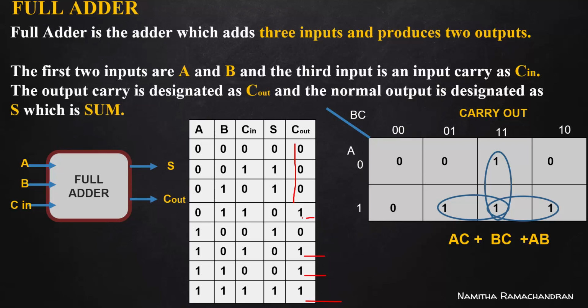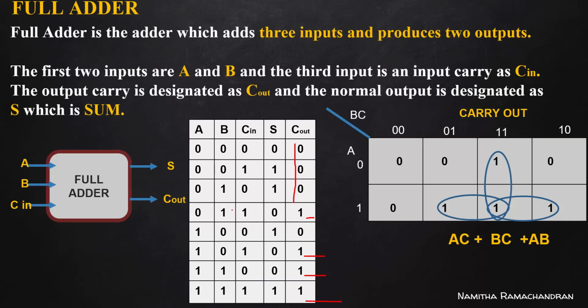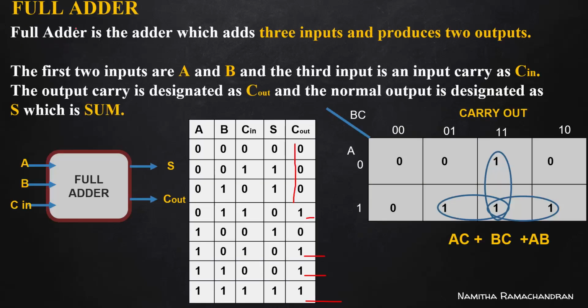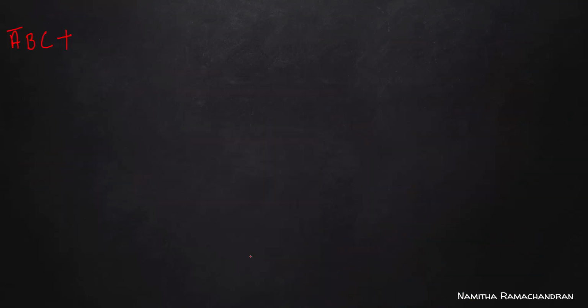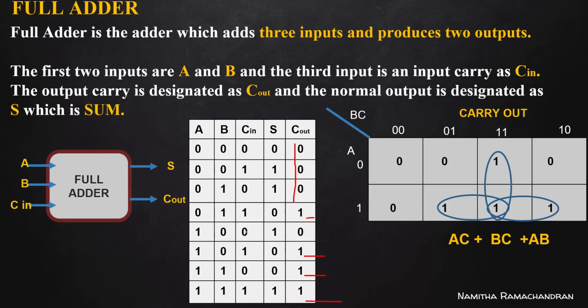For the corresponding 1s, the input combination is A bar B C. Next, it is A B bar C. Next, A B C bar.